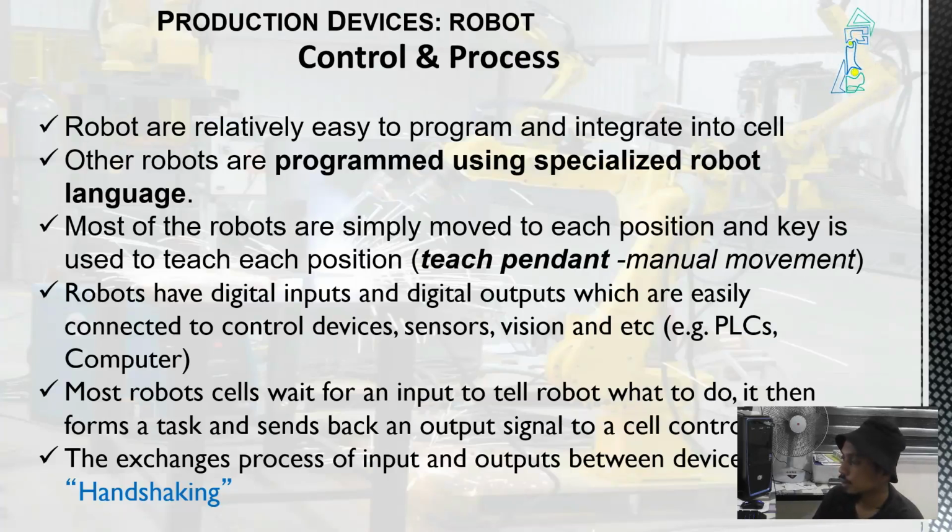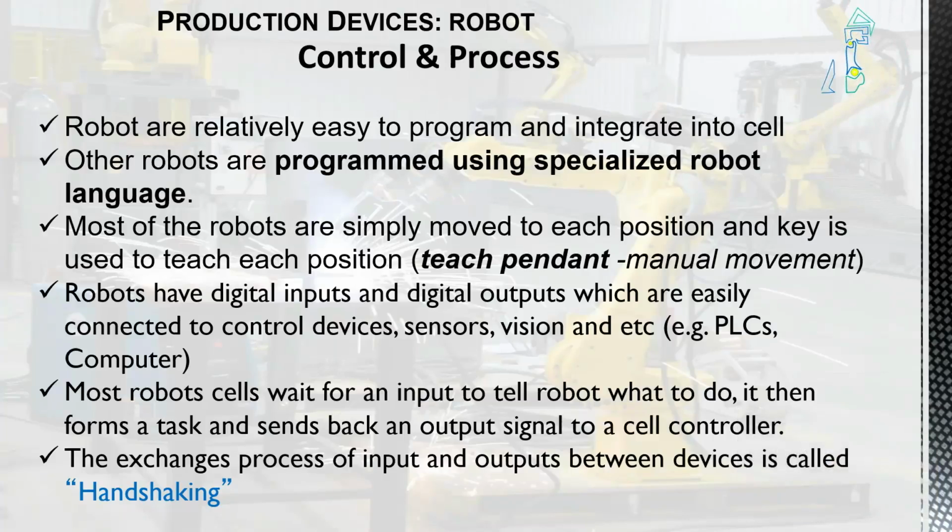So robots are actually controlled by their own control devices, and there is a process that needs to be followed in controlling the robots.